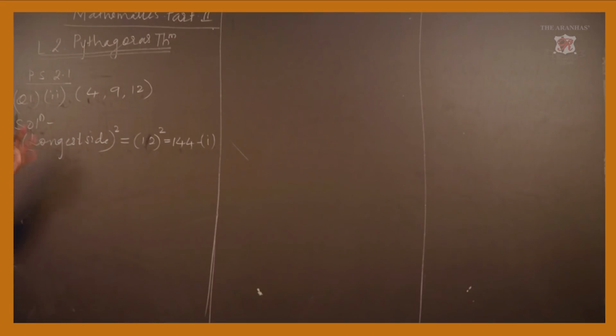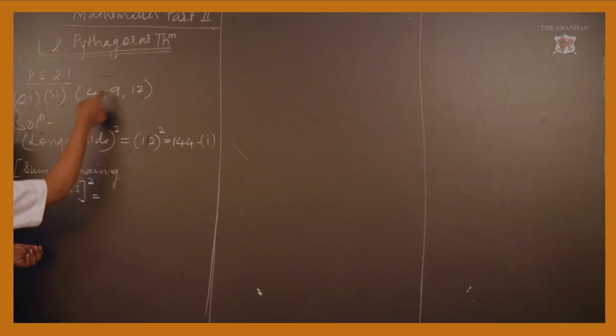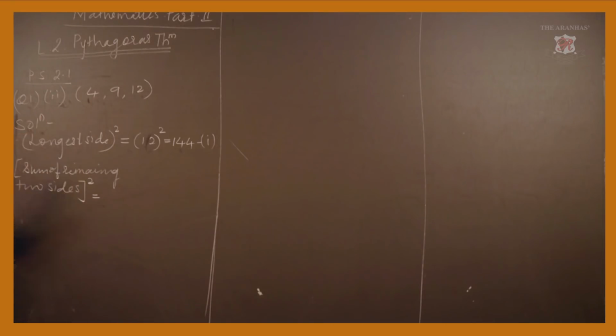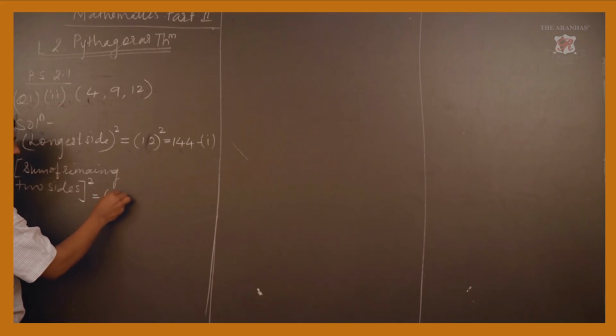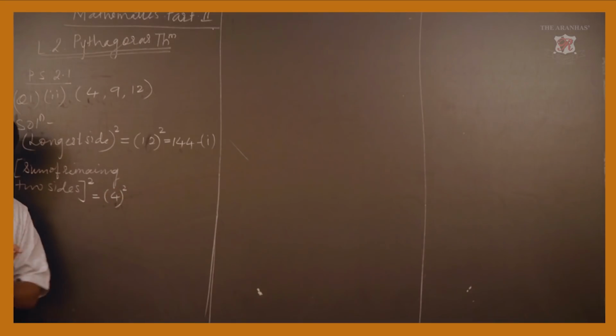Now, the second thing we have to see is the sum of the squares of the remaining two sides, which equals, let us see now. If you observe your example, the remaining two sides are 4 and 9. We will add them after squaring.